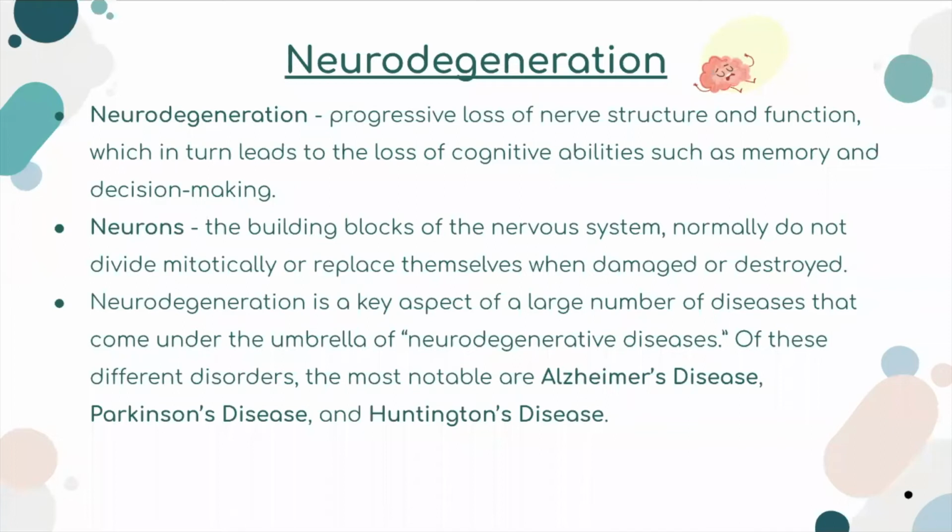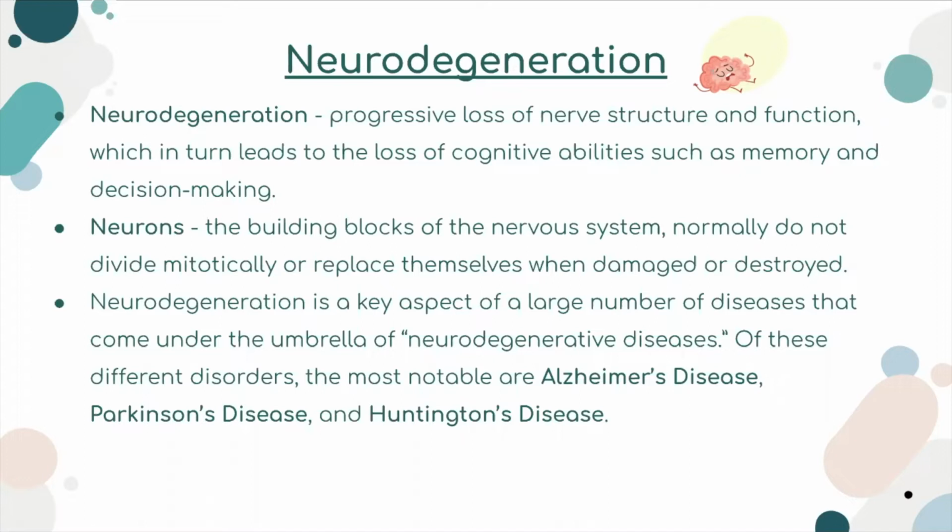To begin, let's define some terms that have to do with neurodegeneration. Neurodegeneration is a progressive loss of nerve structure and function, which in turn leads to the loss of cognitive abilities such as memory and decision-making. Neurons play a big role in neurodegeneration. Neurons are the building blocks of the nervous system and normally do not divide mitotically or replace themselves when damaged or destroyed.